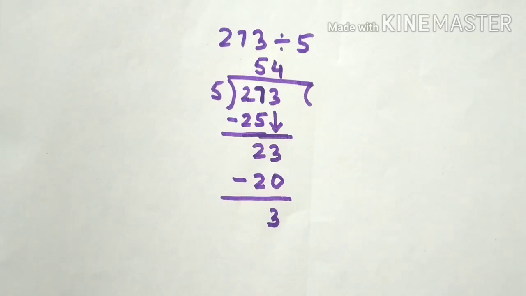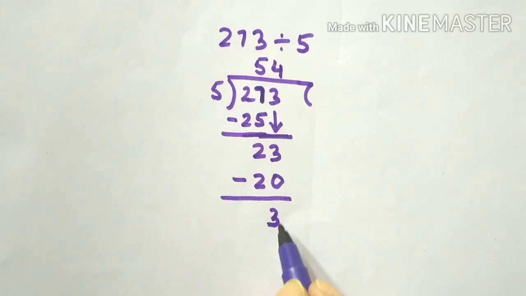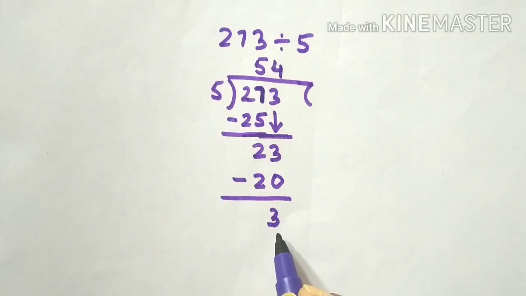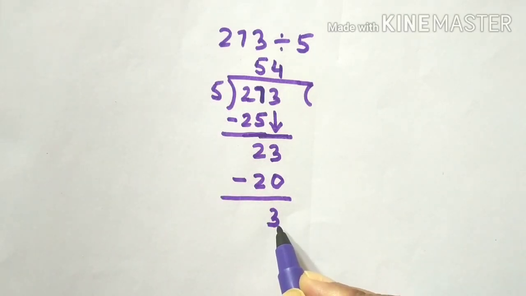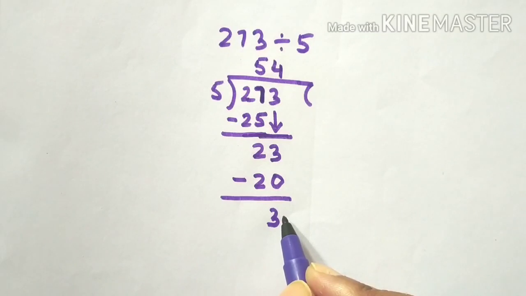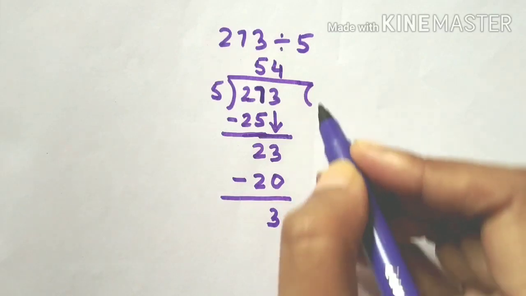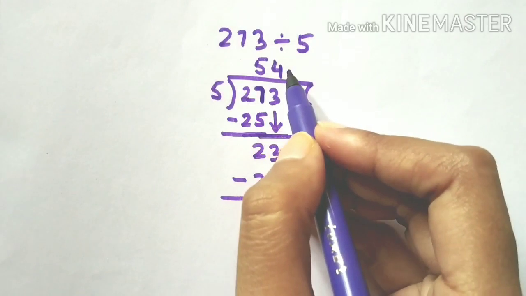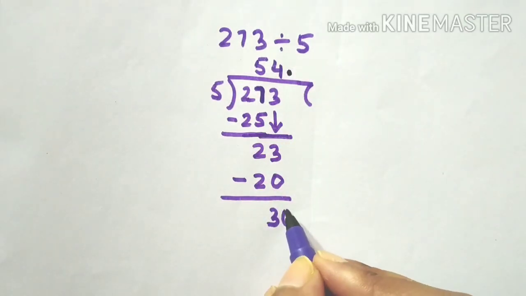Now students, since this chapter is about decimals, we will try to get a decimal point in the quotient. So, since 3 is less than 5, we cannot divide 3 by 5. So what we will do, we have to put a 0 here. But how can we put a 0 here? We can put a 0 here if we put a decimal point after 4. So since I have put a decimal point after 4, I can put a 0 here.